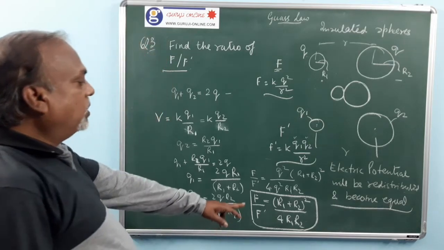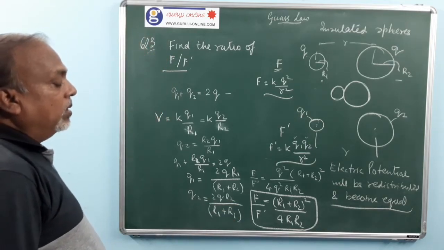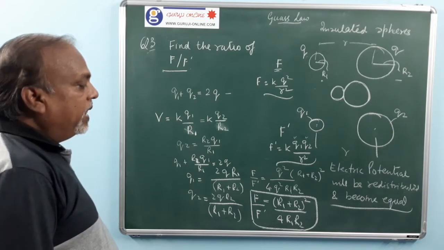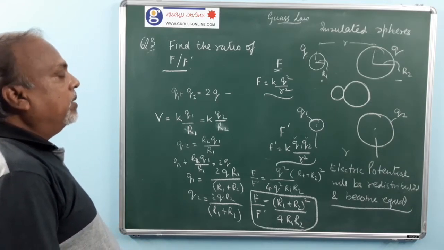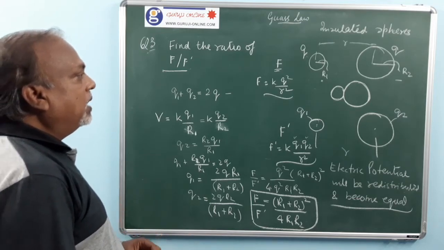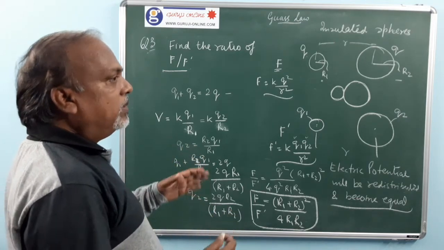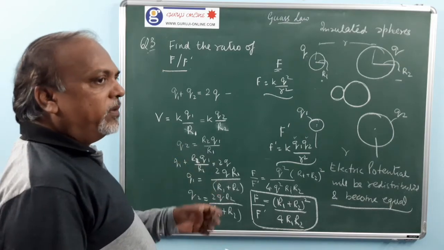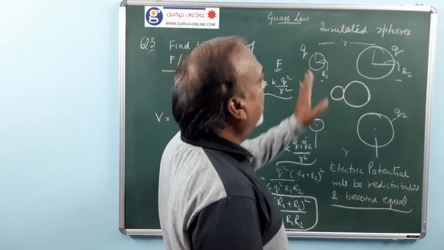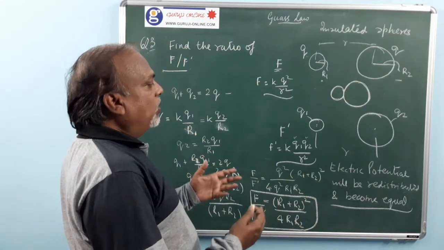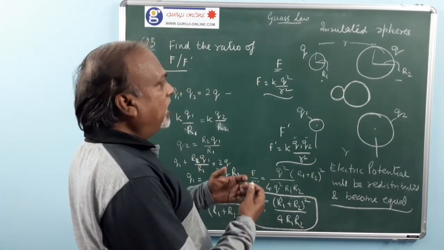Now you see, if R1 and R2 both are equal, then forces will be same, because then the charges will be same, because potential will be same on this, and there will be no redistribution of charges.